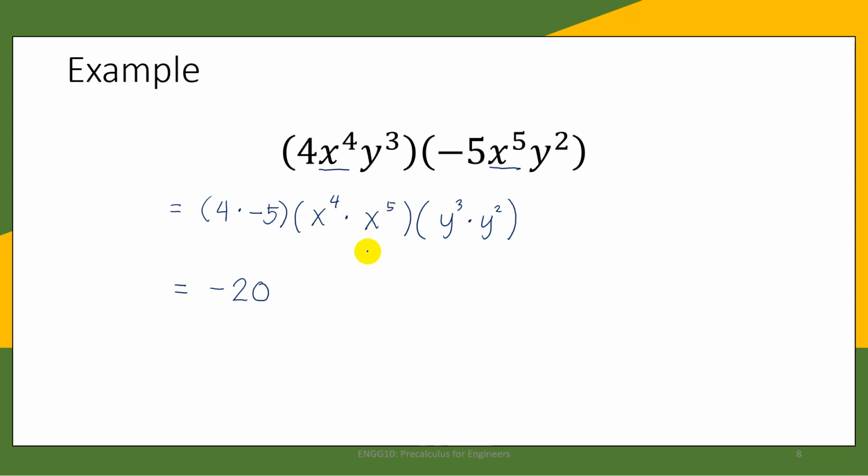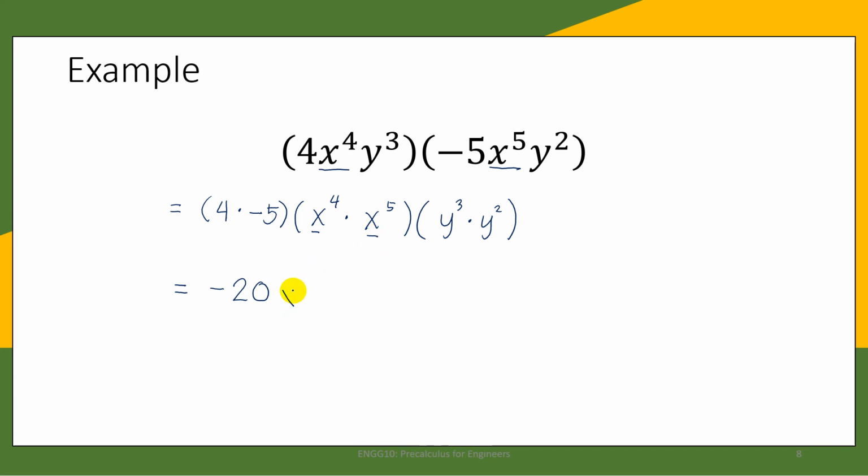What's x raised to 4 times x raised to 5? If you remember the theorems that we have discussed, this is an example of theorem number 1, right? The bases of these two expressions are the same, x and x. So what do we need to do? We just need to add their exponents together.